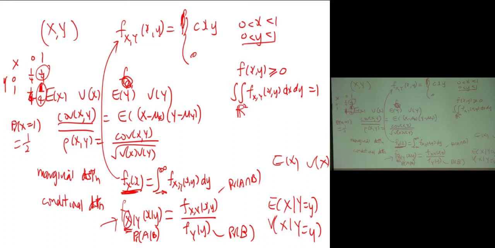So I just add up those probabilities. I did not fix y. For conditional probability, you have to fix y. You have to look at a particular y value and then compute the probability.